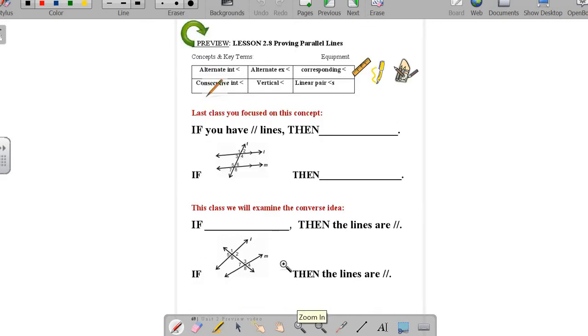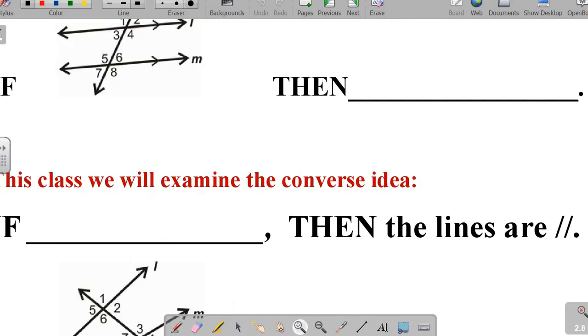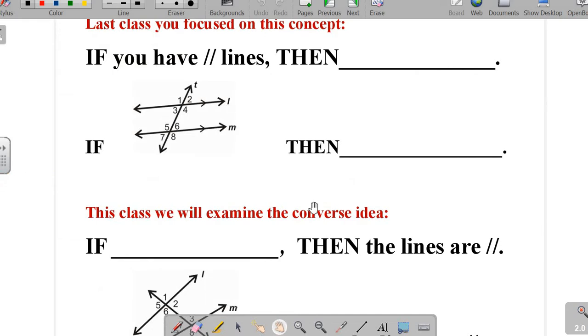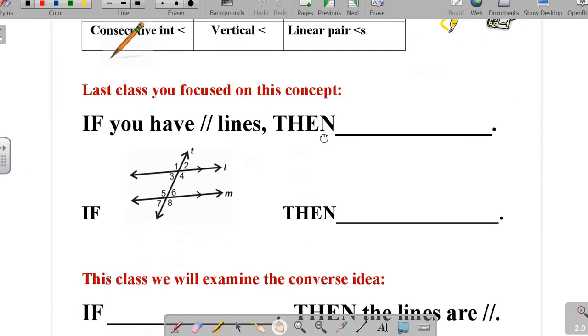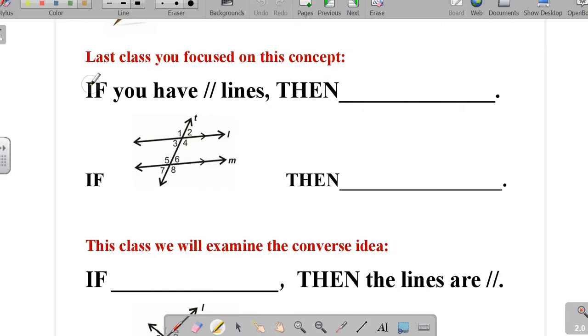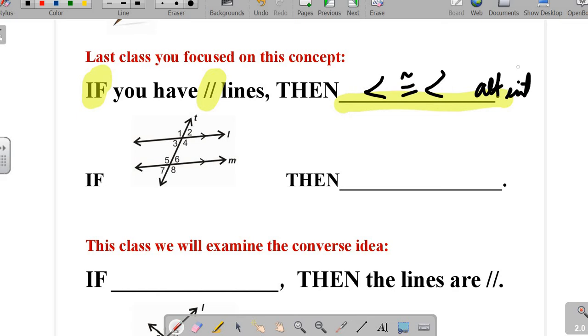So last class, we learned this. We started with the premise, if you have parallel lines, then we have either angle congruent to angle, as in alternate interior, alternate exterior, corresponding.